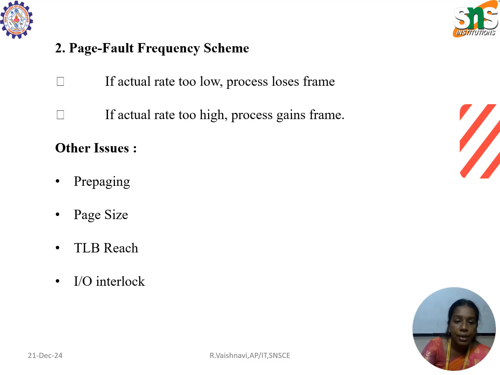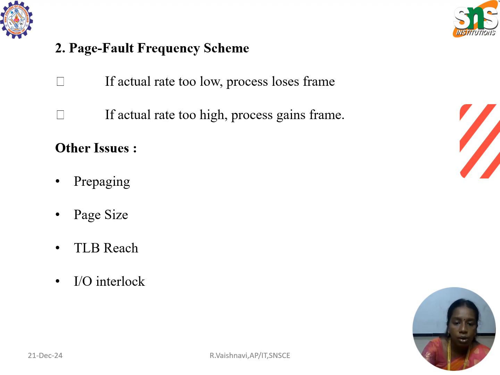Next one is the page fault frequency scheme. If the actual rate is too low, the process loses a frame. If the actual rate is too high, the process gains a frame. Here we have the two conditions. If the actual rate is low, the process will lose frames.